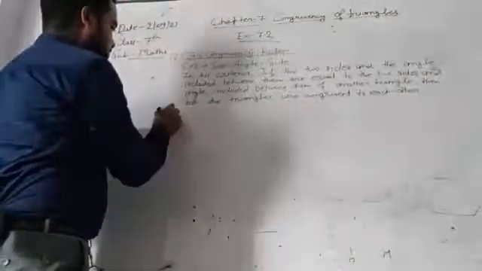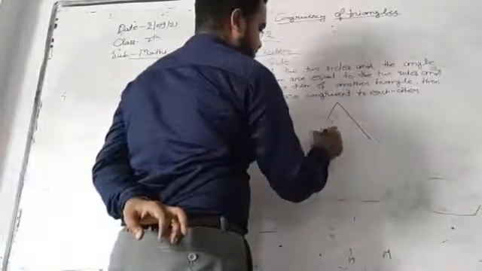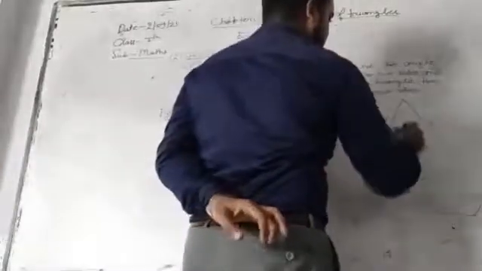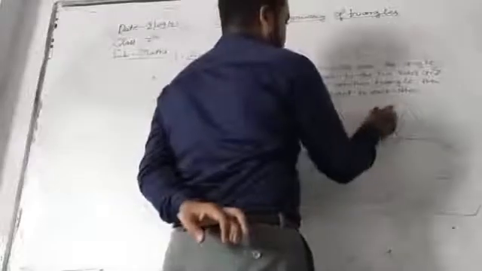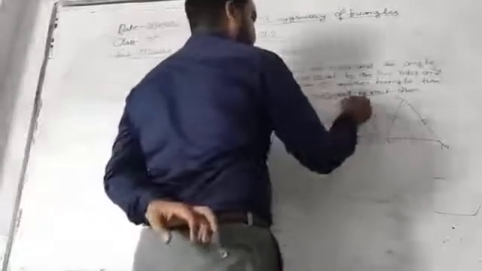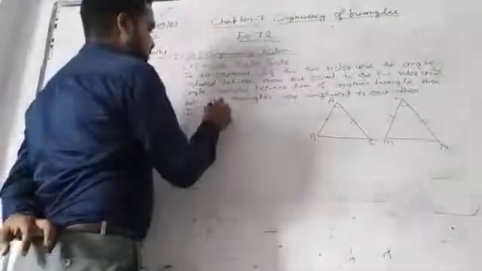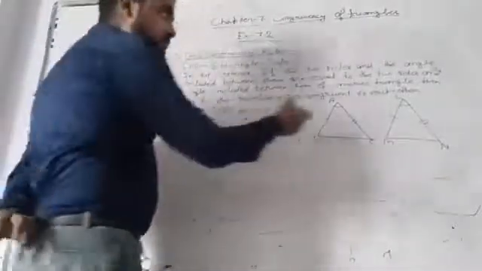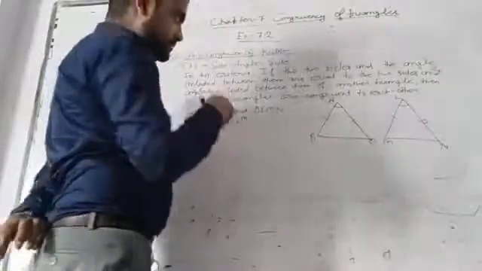Now for example, if we take two triangles here, triangle ABC and triangle LMN, and it is given that in triangle ABC and triangle LMN, side AB and LM are equal to each other. This is the given part.